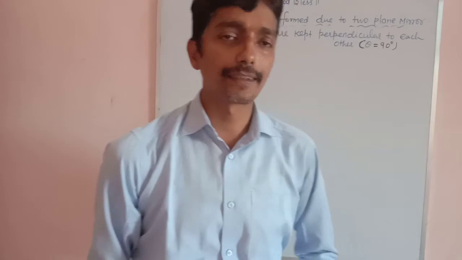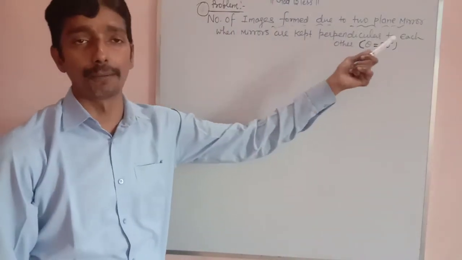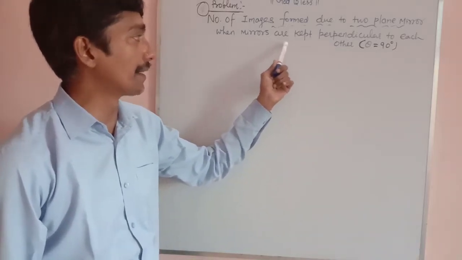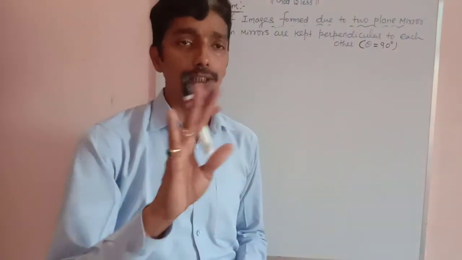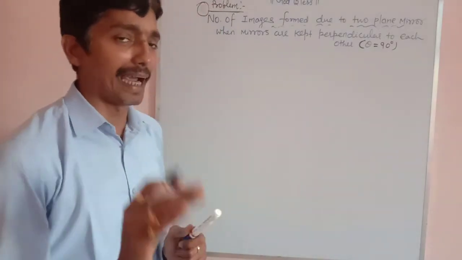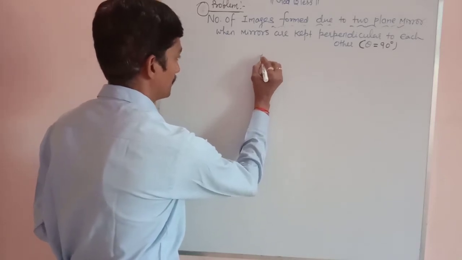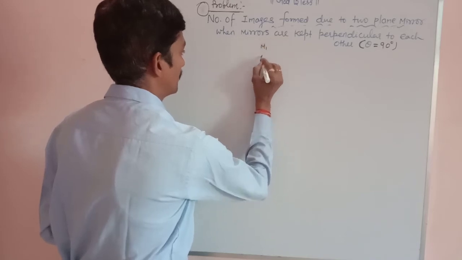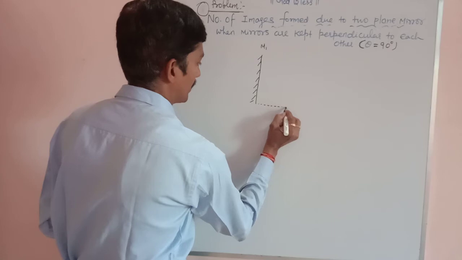Well, now discuss problem number 4, when the number of images is formed due to two plane mirrors. I told you in my continuing video that when mirrors are kept perpendicular to each other, theta is 90 degrees. Fourth problem, now the mirrors are kept this way. Look at it and let me know whether it is perpendicular. Say this is mirror M1. Here is the object, say.